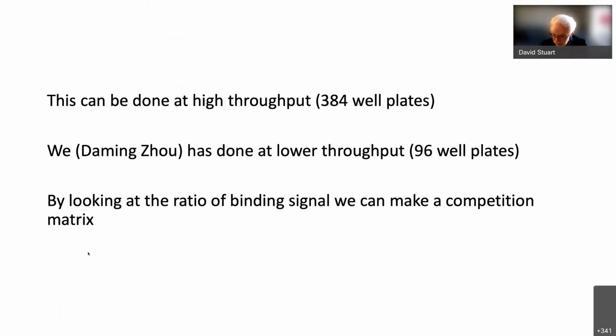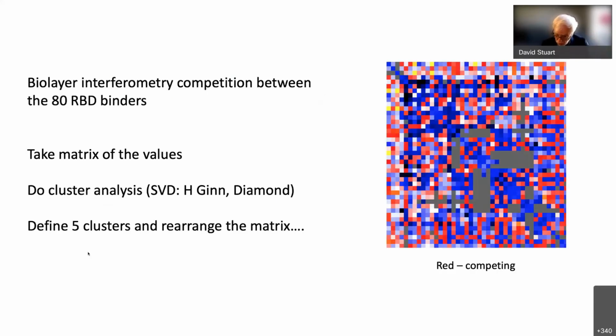There are 384 well versions of the machine. We didn't have one. We had a 96 well, but we had Daming, a postdoc in the lab who worked extremely hard to do this work on this machine. And essentially what he did was to do the competition between nearly all pairs of these 80 antibodies.